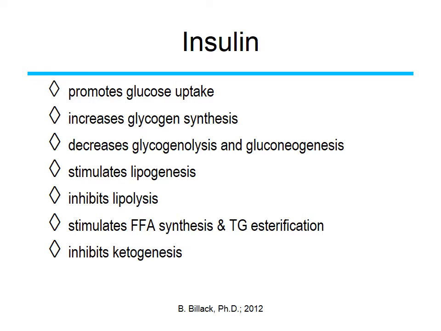So overall, we see an inhibition of lipolysis. We see fatty acid synthesis, triglyceride esterification, and the inhibition of ketogenesis, less ketone bodies. Remember, one of the complications of severe insulin deficiency in patients untreated is diabetic ketoacidosis. Insulin reverses that.